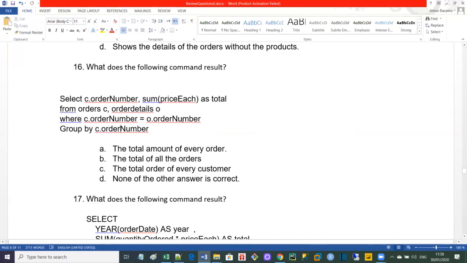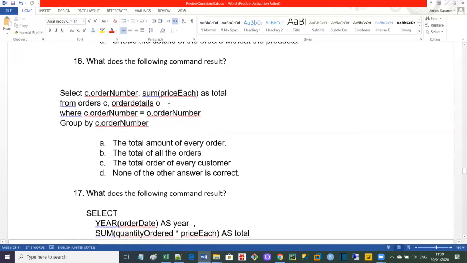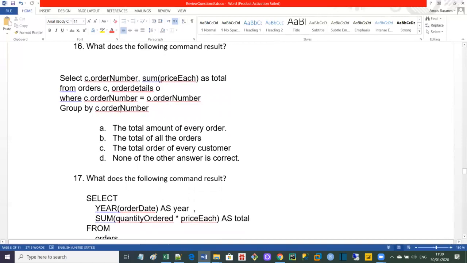I would just like to mention, this might be a little confusing, the assumption here is that I'm selling one item from each type of product. Otherwise, this one will not be correct. If I sold 2 items, then I should multiply the quantity by the price in order to get the sum. But the right answer in this case is that I'm getting the total amount for every order.